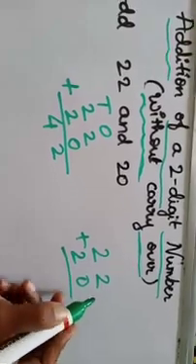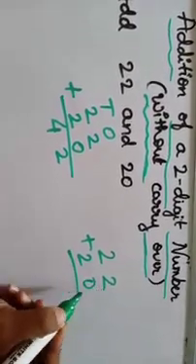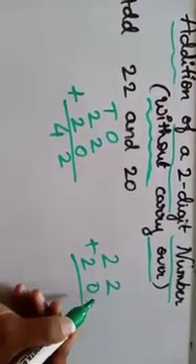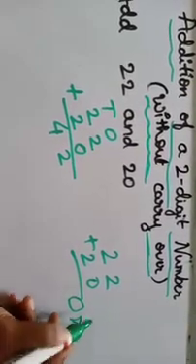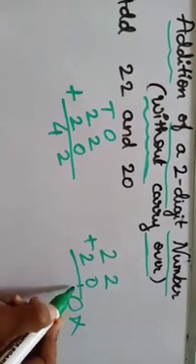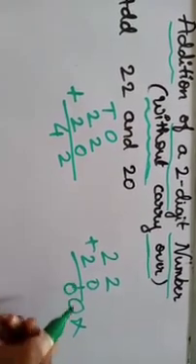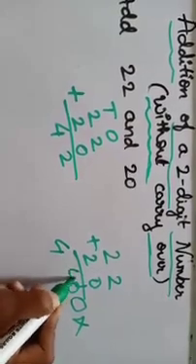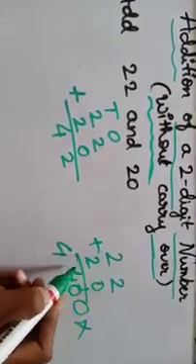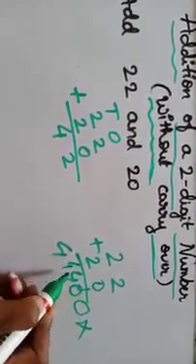But some children, while writing the answer, 2 plus 0, will write it either this side. This is the wrong method. You have to write exactly below this. And 4 should be exactly here, not here or not here. Exactly below the number you have to write.